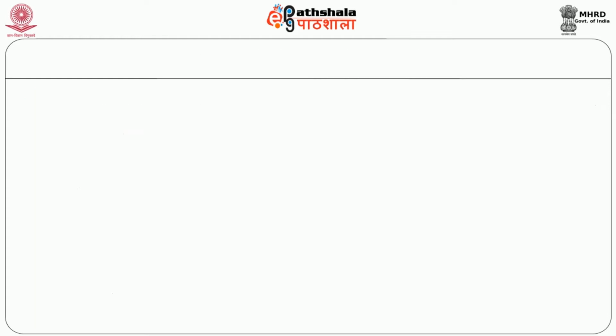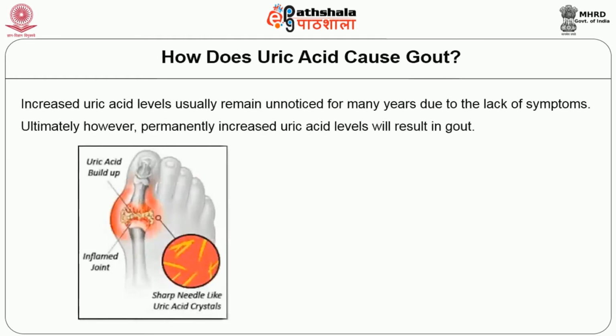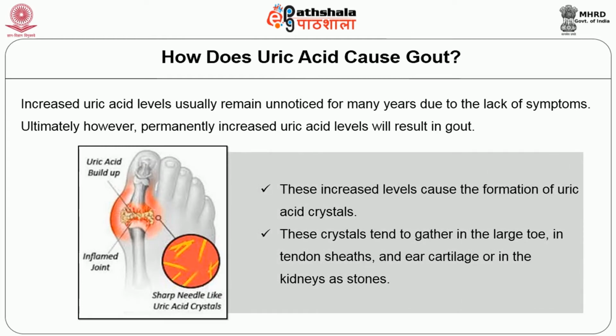Let us see how uric acid causes gout. Increased uric acid levels usually remain unnoticed for many years due to the lack of symptoms. Ultimately, however, permanently increased uric acid levels will result in gout. These increased levels cause the formation of uric acid crystals. These crystals tend to gather in the large toe, in the tendon sheaths and ear cartilage, or in the kidneys as stones.